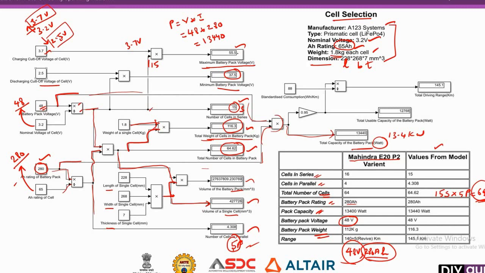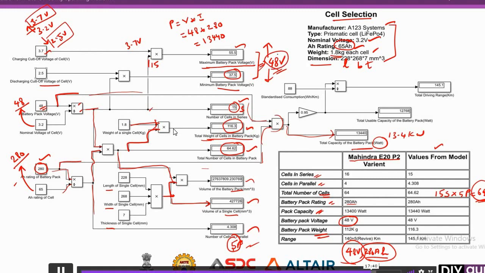See here, the maximum is 55.5, the minimum is 37.5. In between you will have the operating voltage, the nominal operating voltage, which is the 48 volt as per our requirement. So you can charge up to 55.5 and it can go down to 37.5. This is the operating voltage.